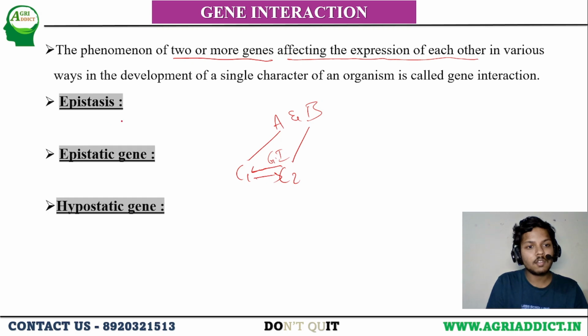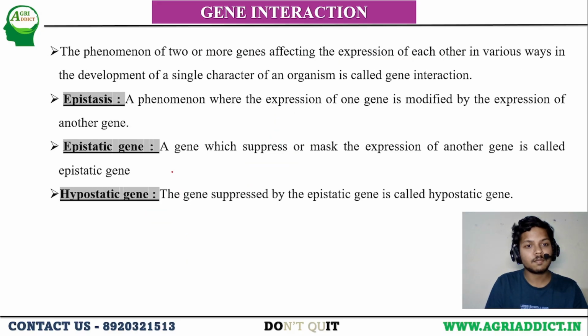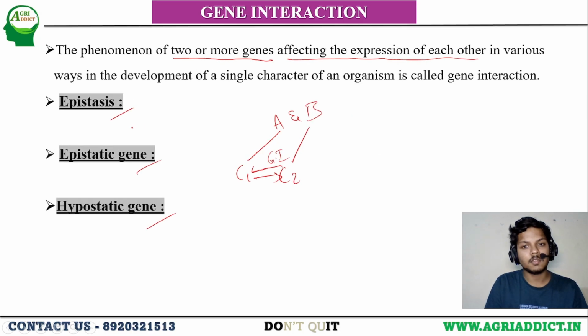And here we have three terms: epistasis, epistatic gene, and hypostatic gene. Let's know what these terms are. Epistasis means a phenomenon where the expression of one gene is modified by the expression of another gene. If the expression of A is modified by the expression of B, we call it epistasis.